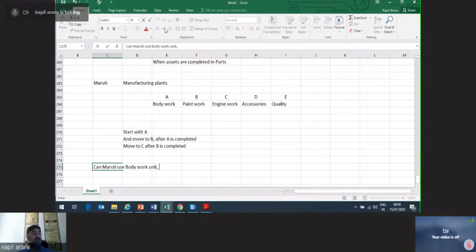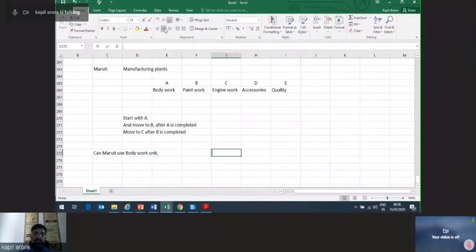You can say they can use it, but if the body work is done, meaning the car body is ready, unless the paint work or engine is there, the car cannot be completed. For that, we can say Maruti cannot use this.